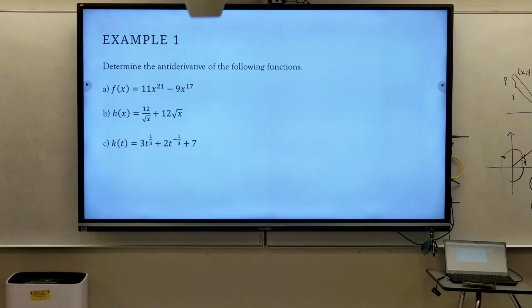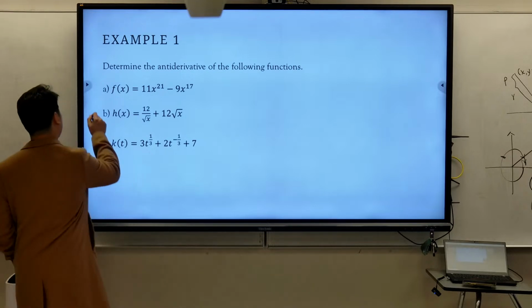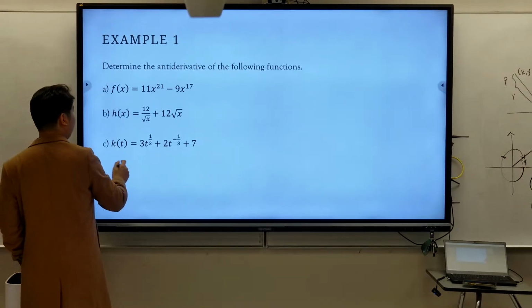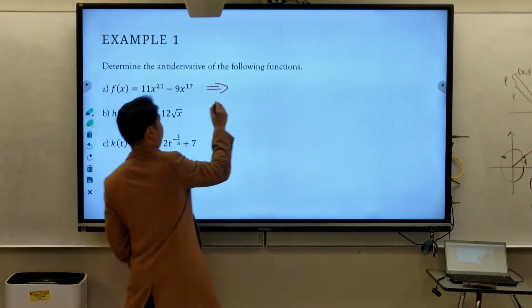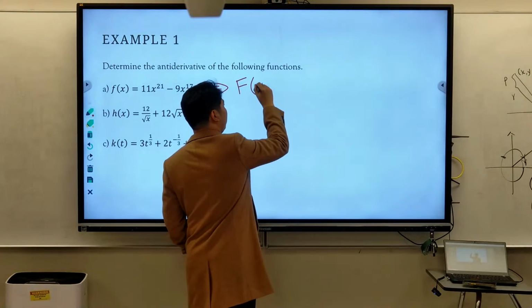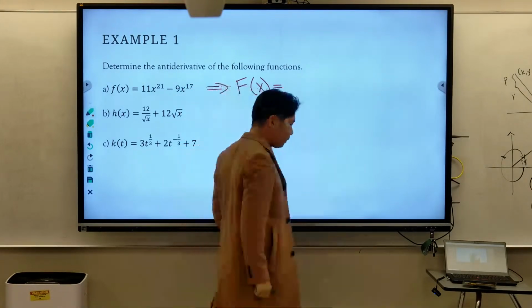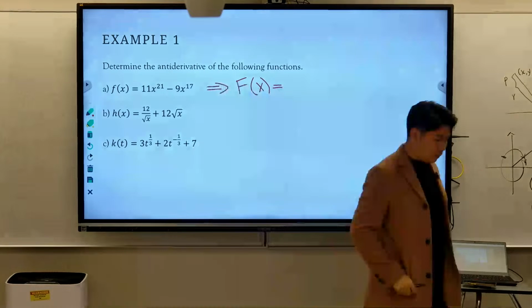Determine the antiderivative family of the following functions. In this first one, I have f of x is equal to 11x to the 21st power minus 9x to the 17th power. Let's figure out what capital F of x is.